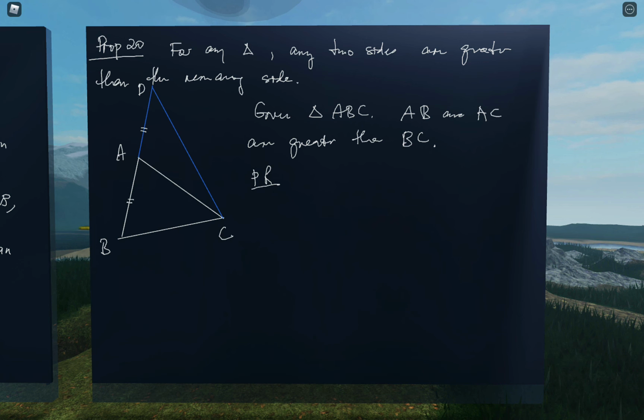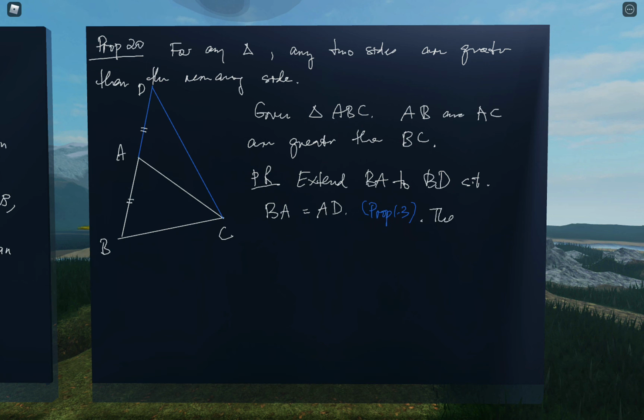Right, so what we're going to do, we're going to extend BA to BD such that BA is equal to AD. Okay, so we can do this by proposition 1.3.